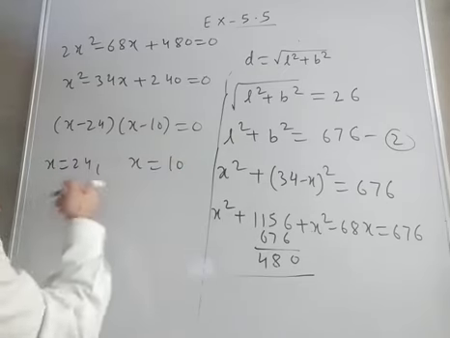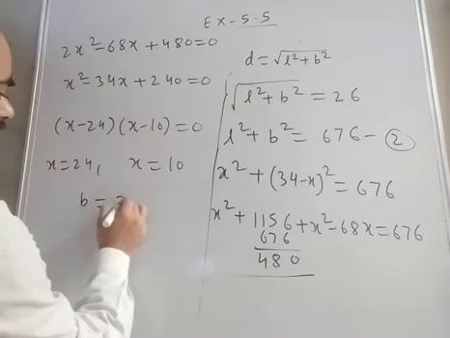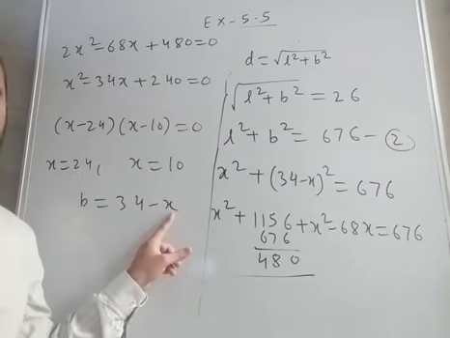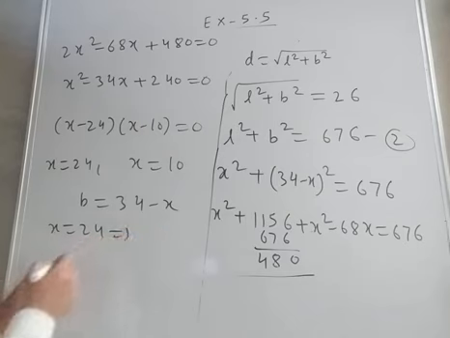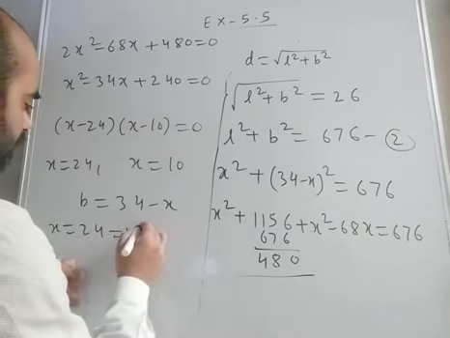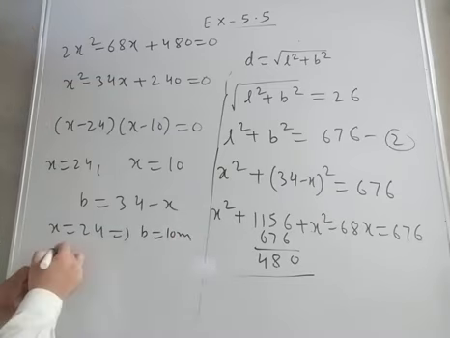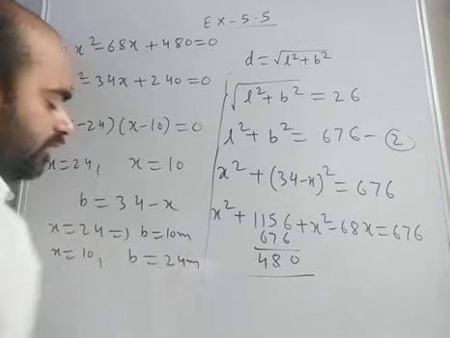Now L we have taken as x and breadth was 34 minus x. If x is 24, length will be 24 and breadth will be 10. If x is 10, breadth will be 24.